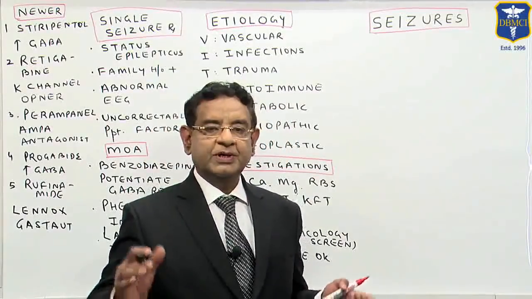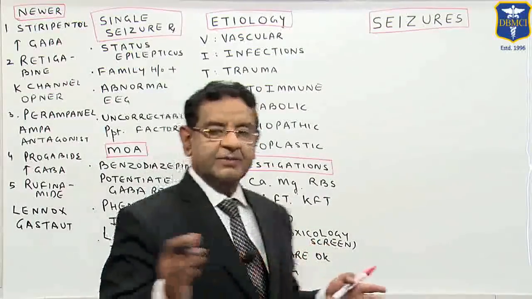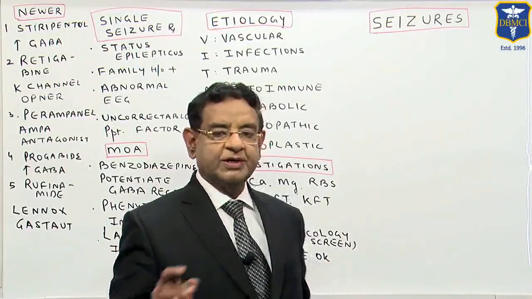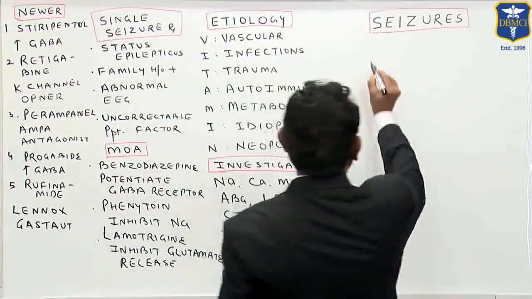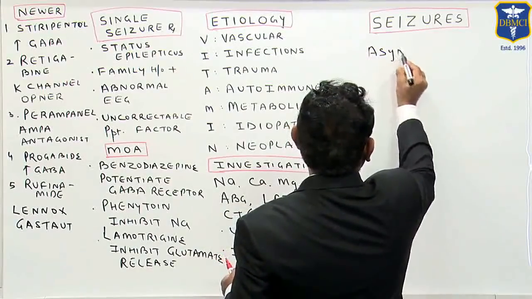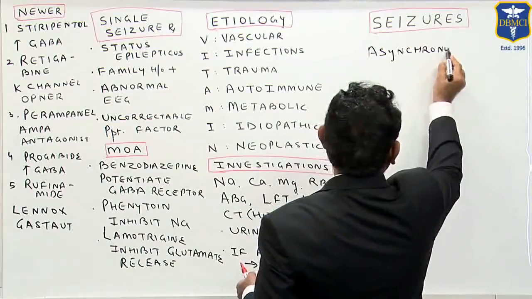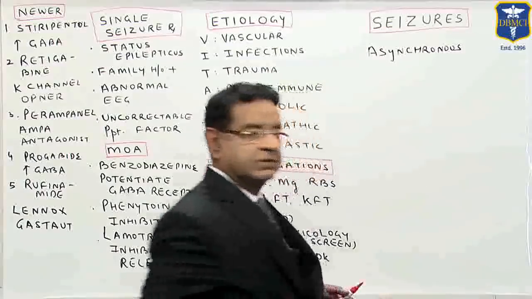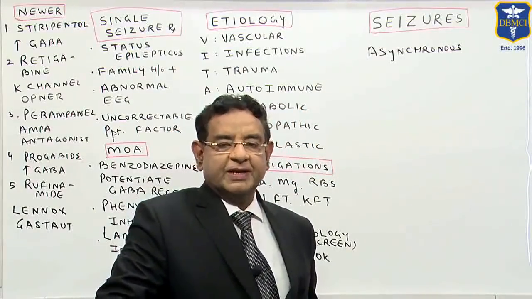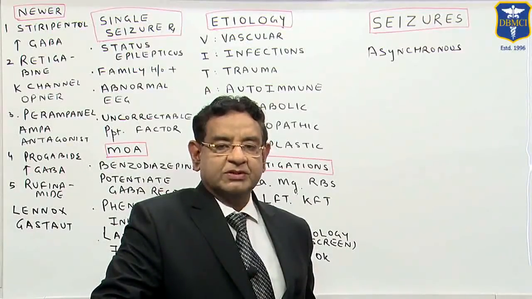As you know, in a live person, in the brain we have regular electrical activity going on, and these discharges are asynchronous. So in a normal live brain, we have asynchronous discharge from the neurons.